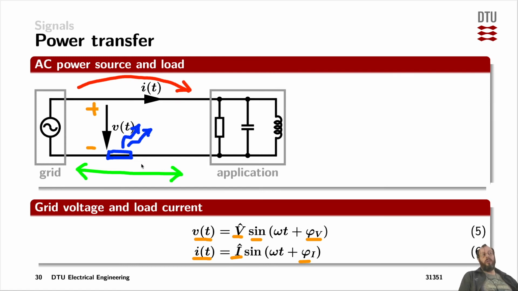There are laws that actually prohibit the green signal from being too large, because it's not contributing anything. It's just bouncing back and forth and generating heat. So it's the overhead in the energy transfer, and you definitely want to maximize the red part.